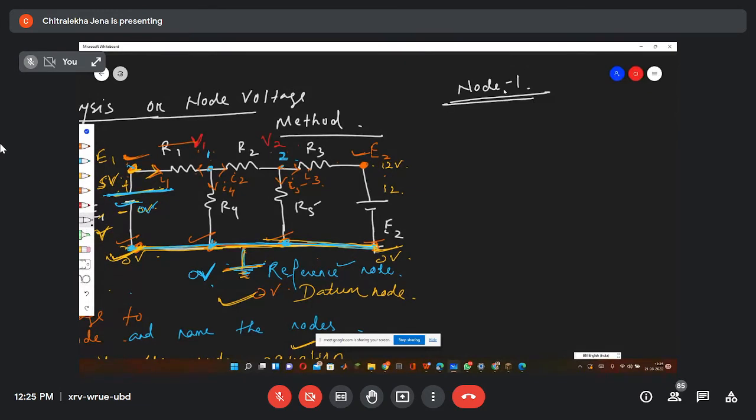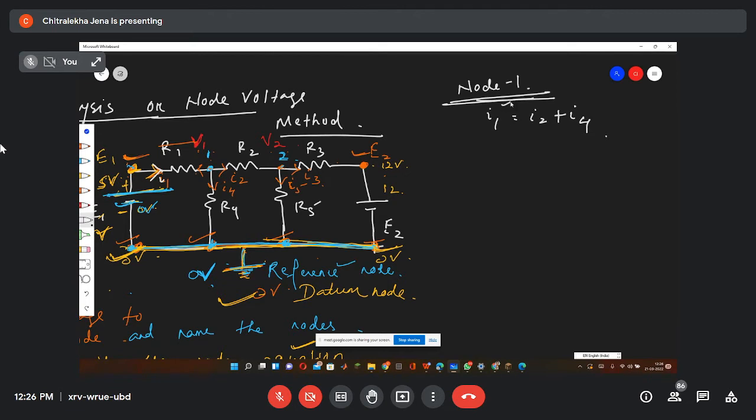Whatever steps I am following, you have to write in proper steps. So for node 1, what is Kirchhoff's current law? I1 is equal to I2 plus I4. Yes or no? I1 is equal to I2 plus I4.